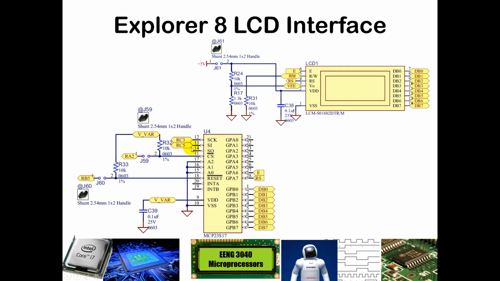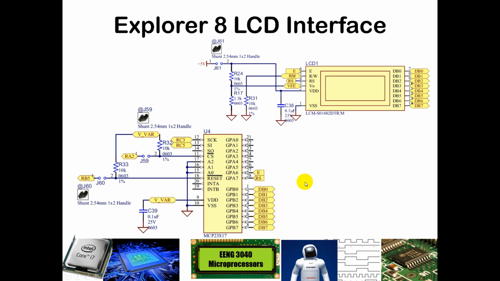It's using serial communication where RC3 here is the serial clock and RC5 is set up as the serial input. RA2 is used as the chip select, and so this enables using this chip at all. And then RB5 is a reset, so with that we can clear out all of the contents.